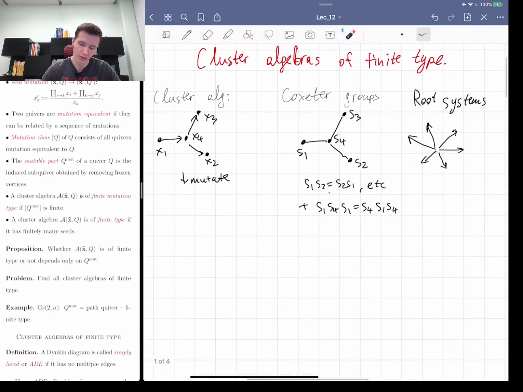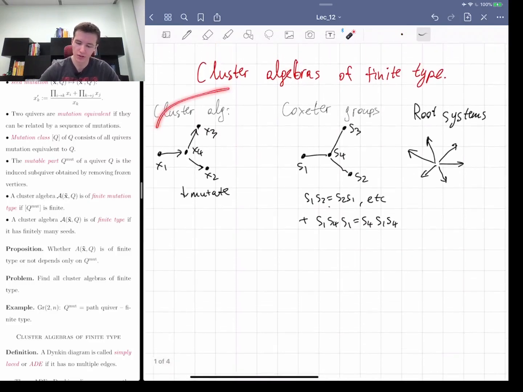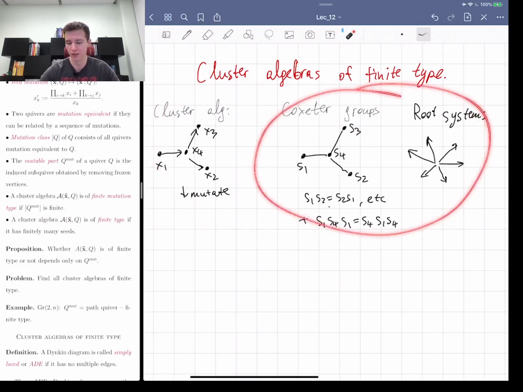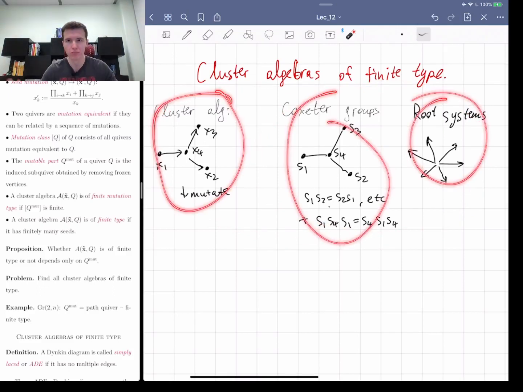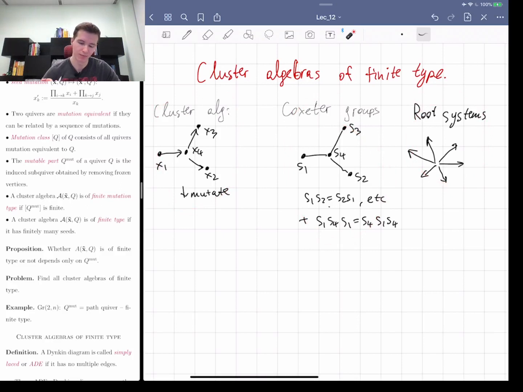So the relation between these objects is completely not clear, even though I explained the relationship between these two objects before. But to go from cluster algebras to any of these two things is not obvious.